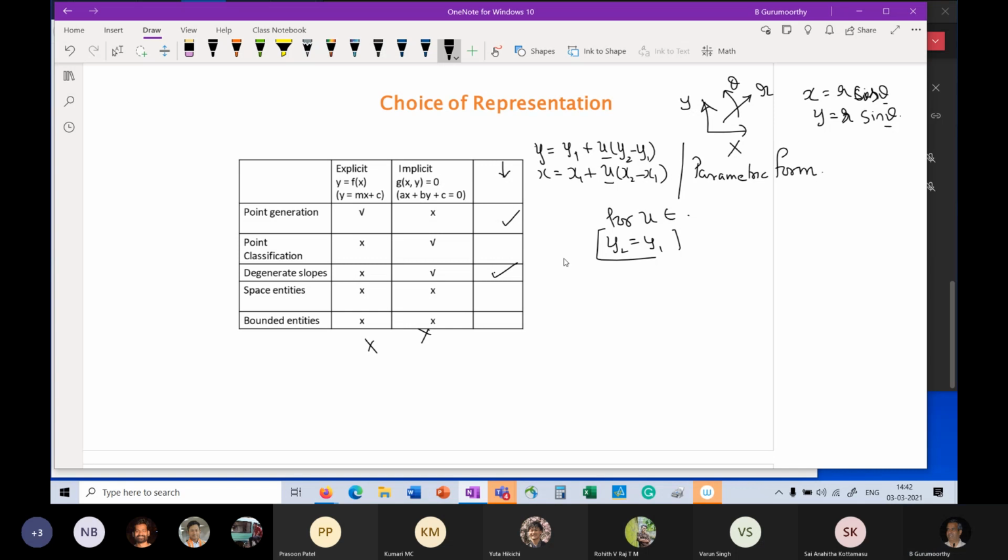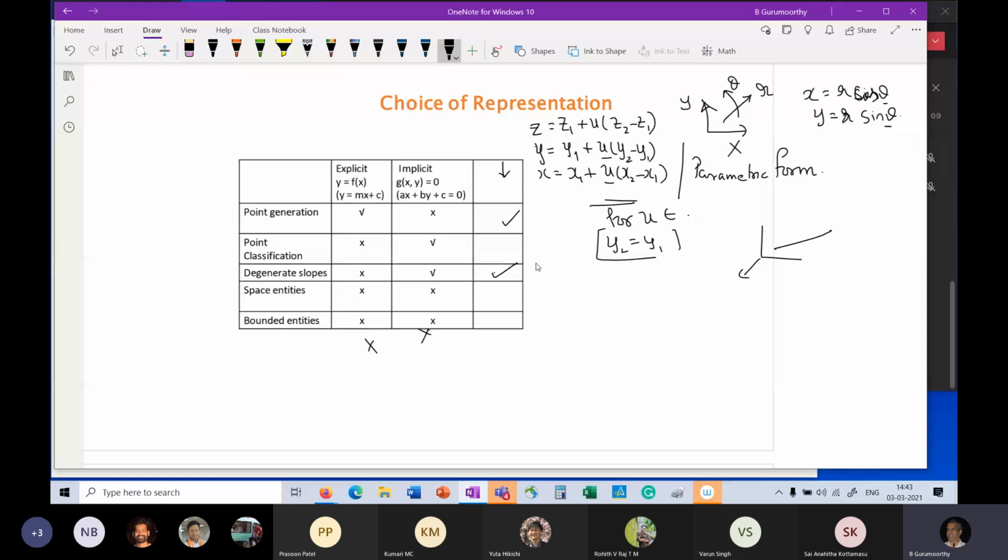Space entity. That's one of the biggest attractions of this form, because all I need to do is add one more equation, and that becomes a line in space, not in plane. You can drop any of these to be 0, and that particular Cartesian coordinate will drop off. You can keep all 3. If I have a line that is crossing across the planes, none of the other representations can handle it.